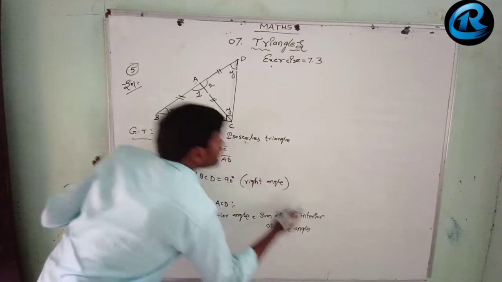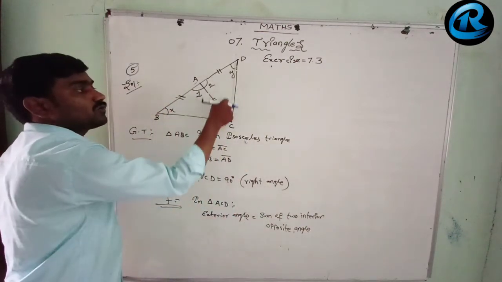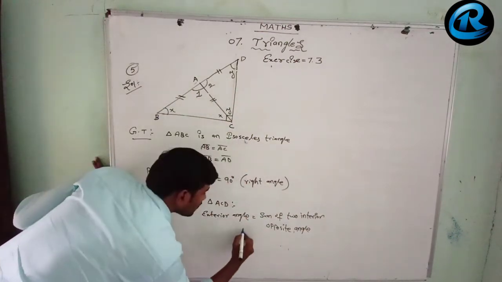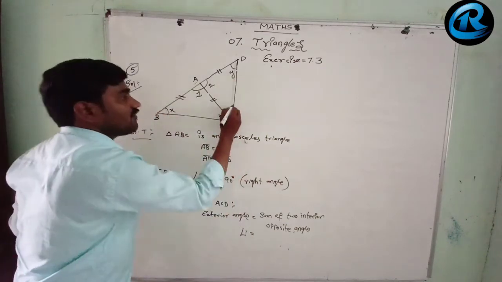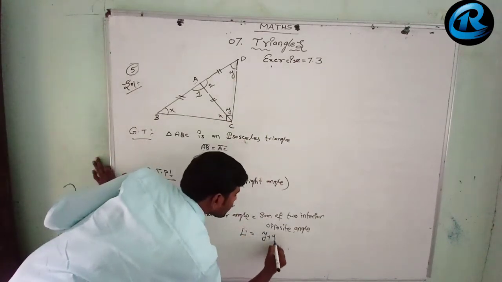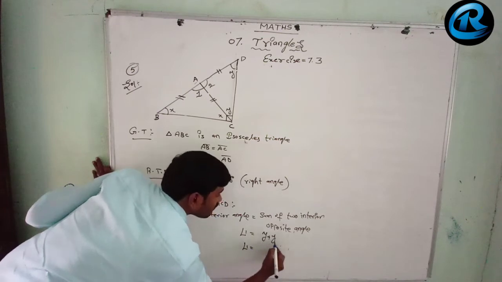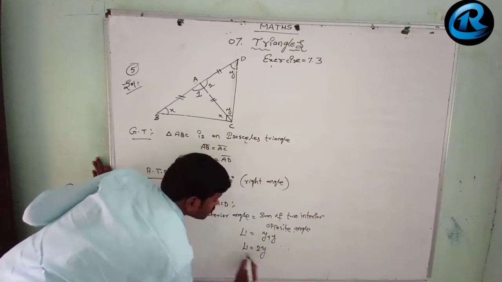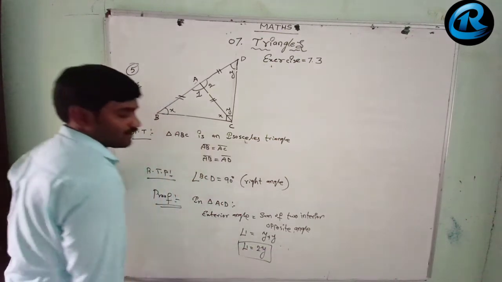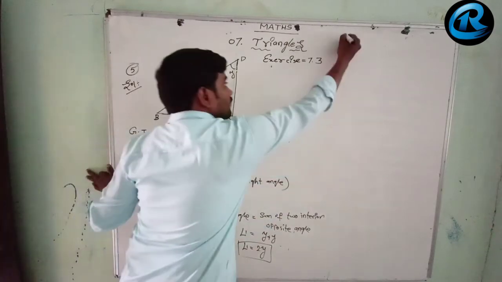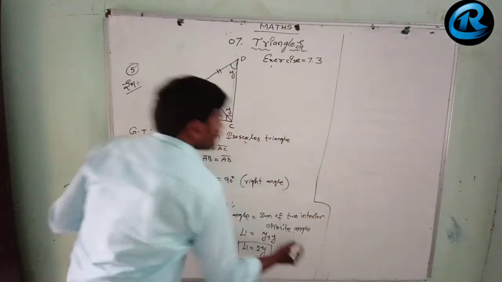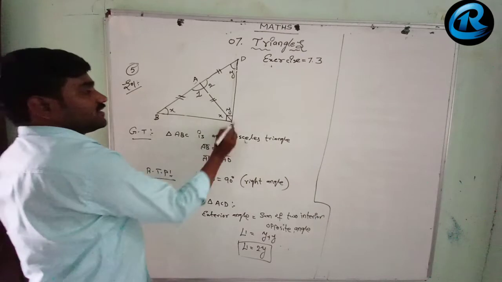This property you know: exterior angle equals the sum of the two opposite interior angles. So here angle 1 equal to what? y plus y. So angle 1 equal to 2y. Let us write it like this. Now we go for that. Now in triangle ABC.